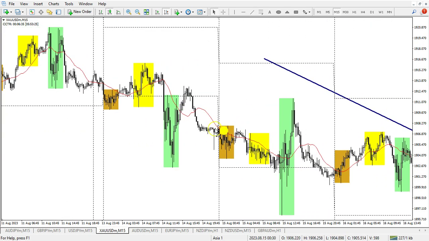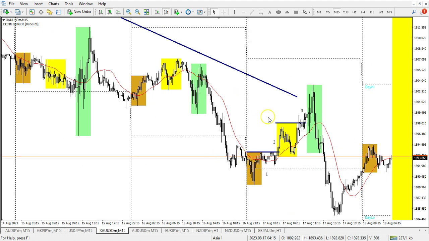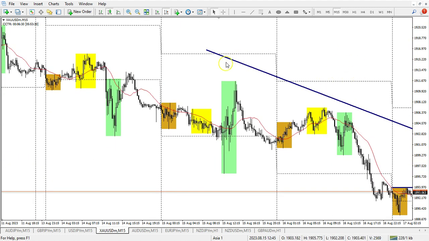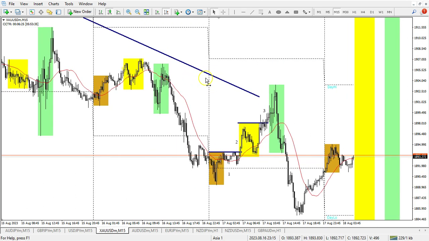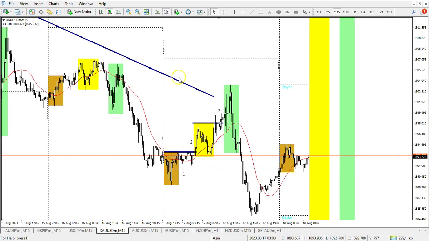You see, breaking the lows, breaking the lows, breaking the lows. The highs are intact, the highs are intact, the highs are intact. This shows you that the overall trend is down. So look at what they do. They keep people going up, whereas they know the overall trend is down.